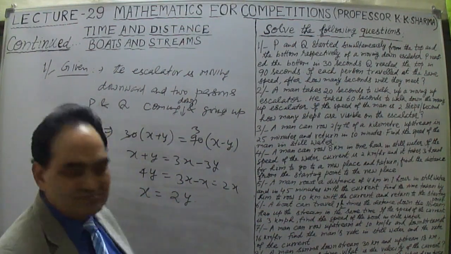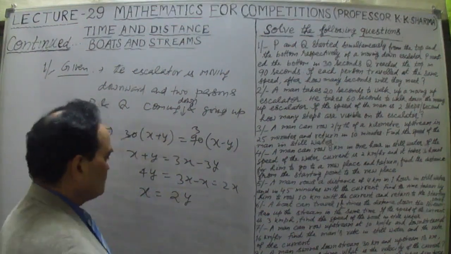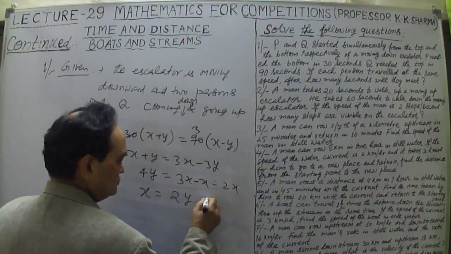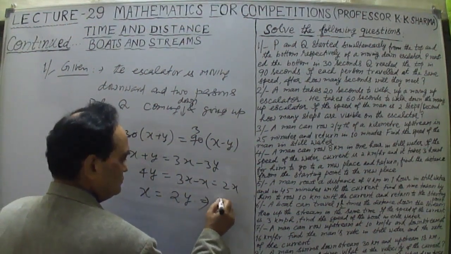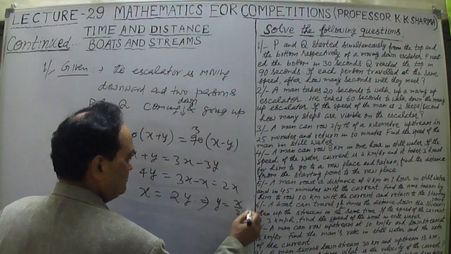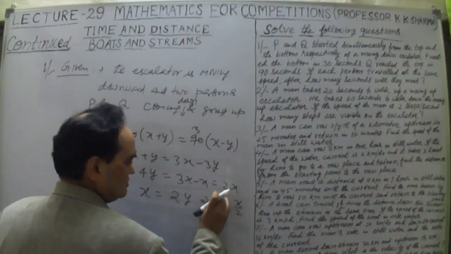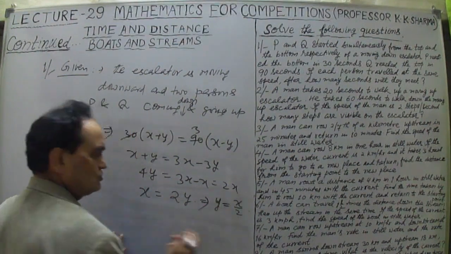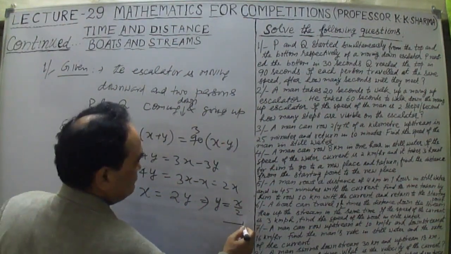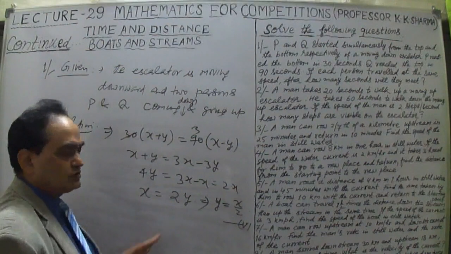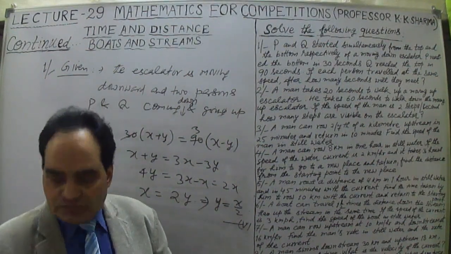Try to understand: x equals 2y, or y equals x upon 2. We can replace y in terms of x, or x in terms of y, no problem. This is the fifth equation we have taken. So y is equal to x upon 2.